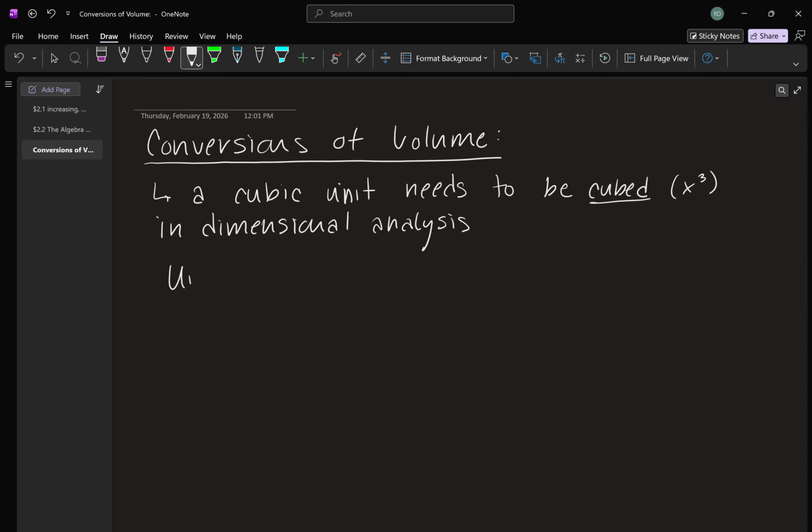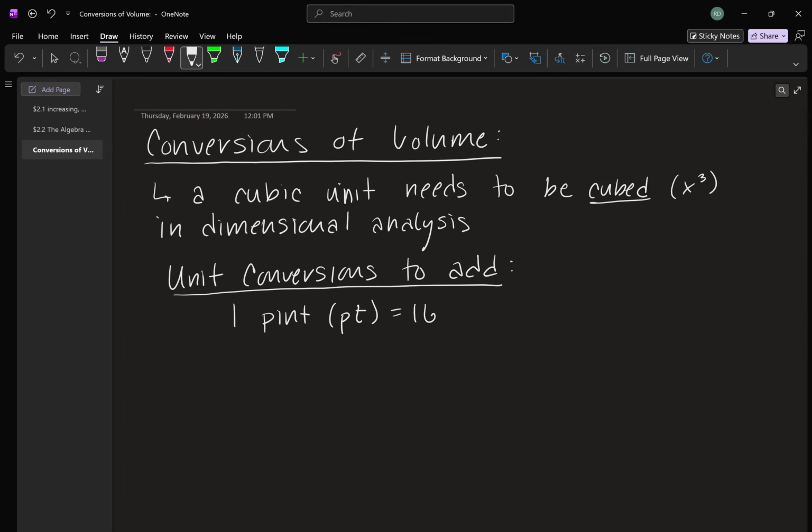So some unit conversions that we can add to the list that we were already making in the last class. We have 1 pint, which we abbreviate PT, is 16 fluid ounces. We abbreviate that either OZ, or if we want to be specific between weight ounces and fluid ounces, we would say FLOZ.